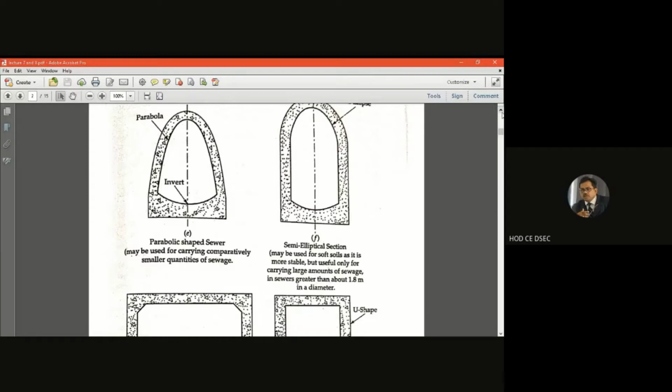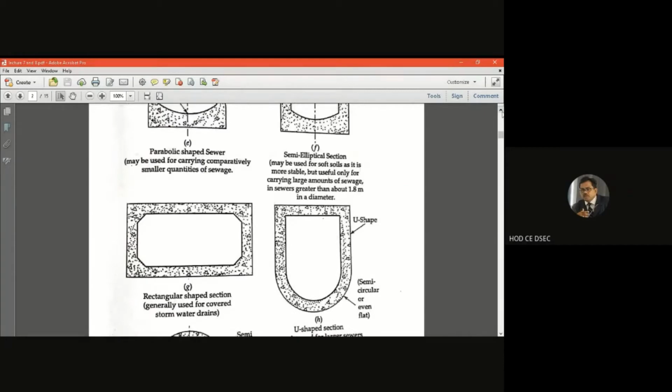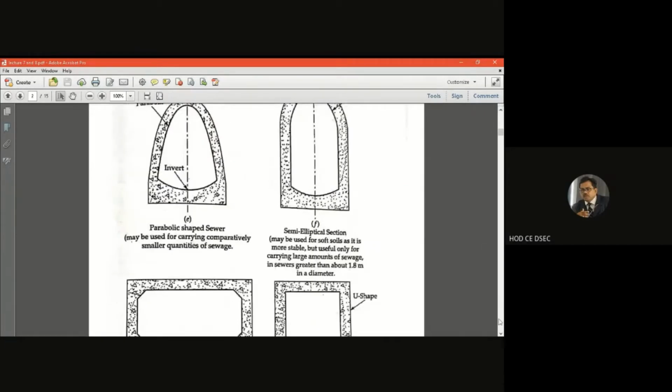So where the sewer diameter is more than 1.8 meter, the flow will be more. So there our preferred selection is the semi-elliptical section, so that it can convey a huge amount of sewage through this particular design of sewer. So that is the basic concept.